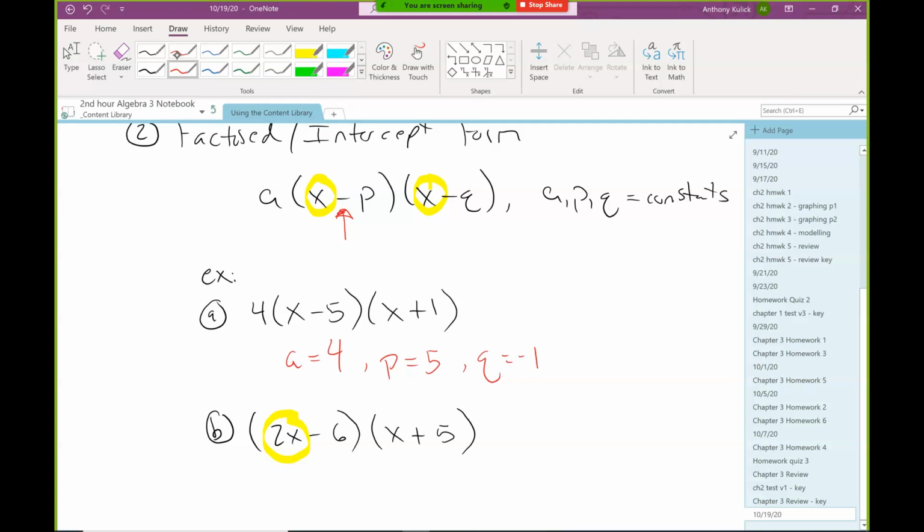When I factor that 2 off, what do I have left? Very good. So remember this process that we just did was called factoring a greatest common factor.